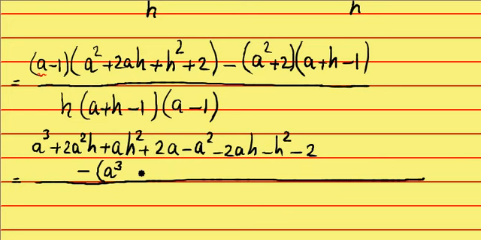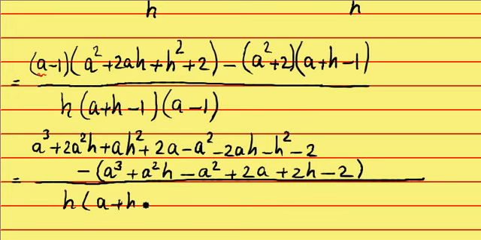A squared times h, a squared times minus 1. Now 2 times a, 2 times h, 2 times minus 1. Denominator, I still have h times a plus h minus 1 times a minus 1. Now I might go ahead and do the subtraction and simplification from that.